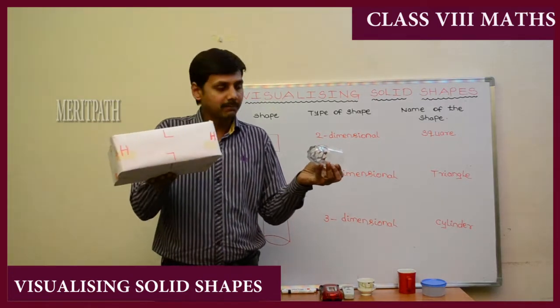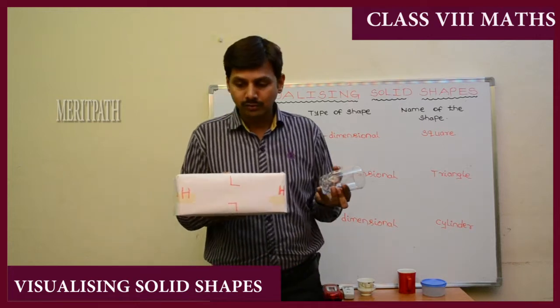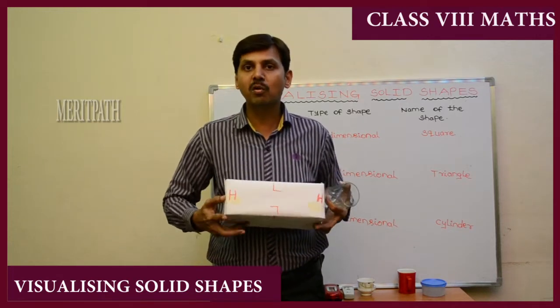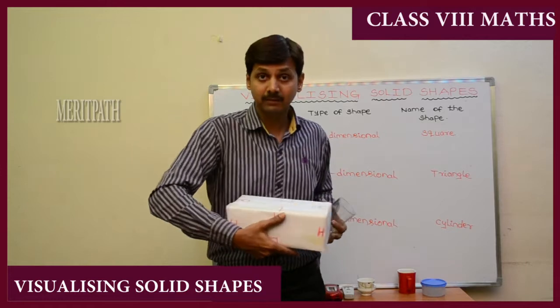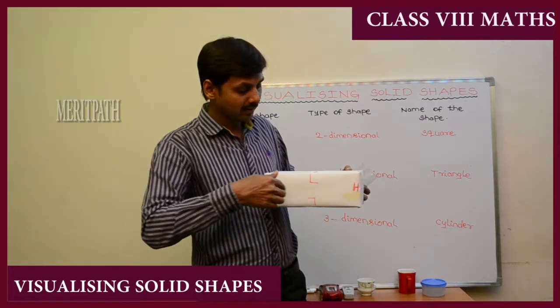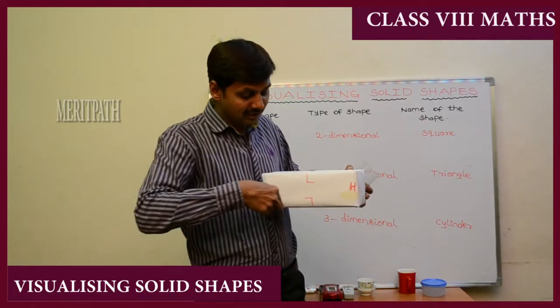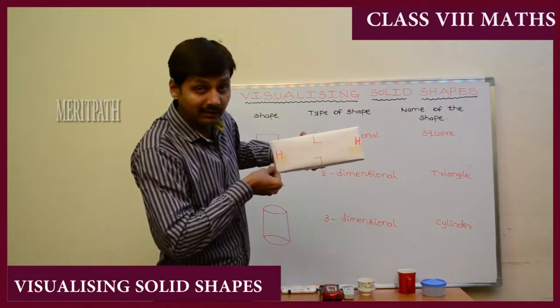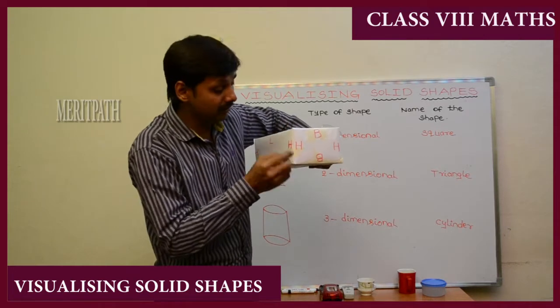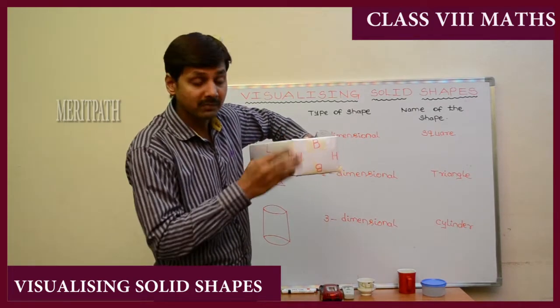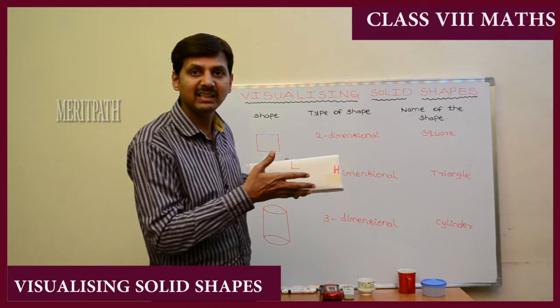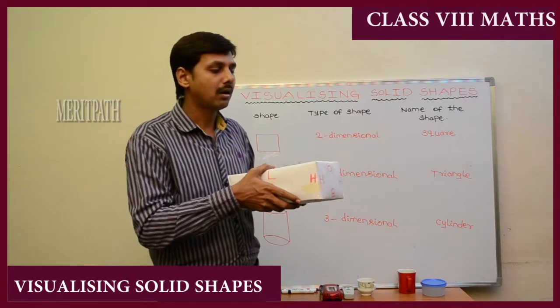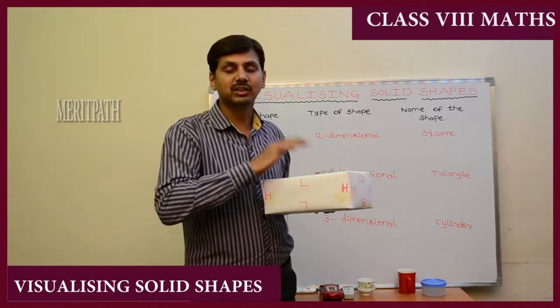So let's differentiate both. In this cuboidal box, this is the length and breadth, and the height is from bottom to top. The height we will measure. So length, breadth, height. We call this a three-dimensional picture, a three-dimensional solid.